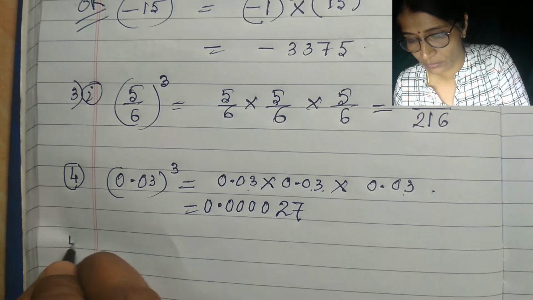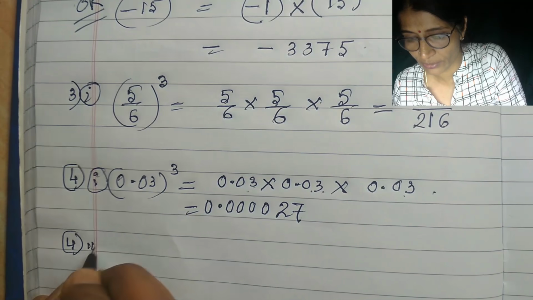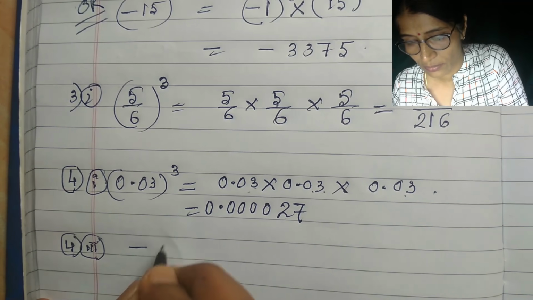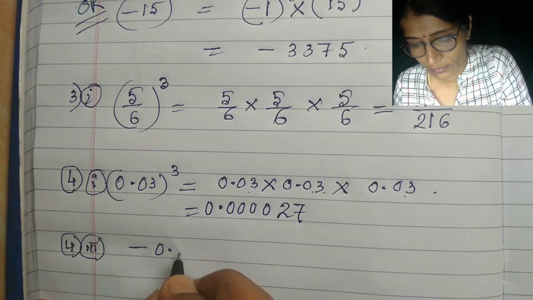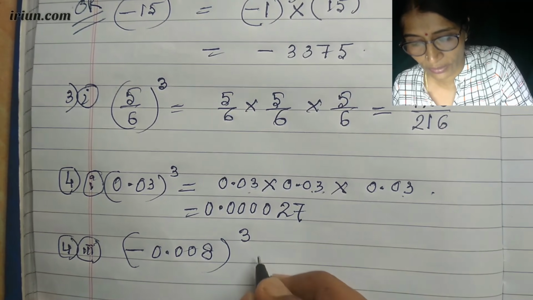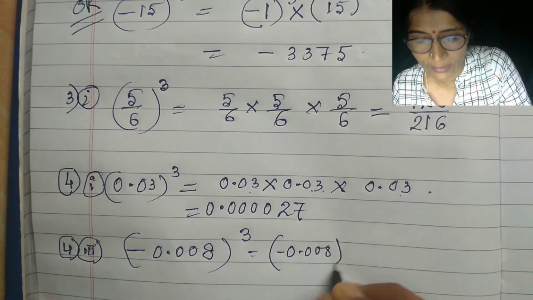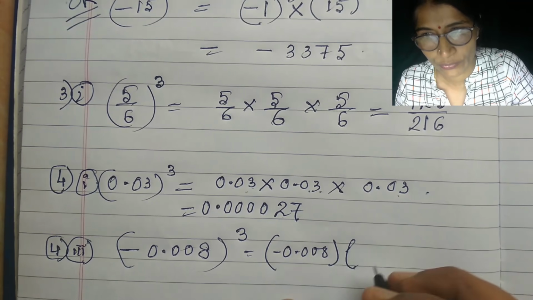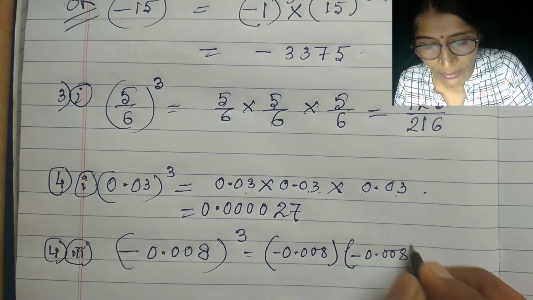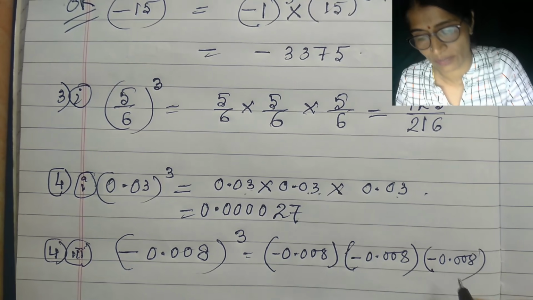Next sum, suppose I'm doing the fourth part, the third one, which is minus 0.008 whole cube. So that is equal to minus 0.008 into minus 0.008 into minus 0.008, 3 times.